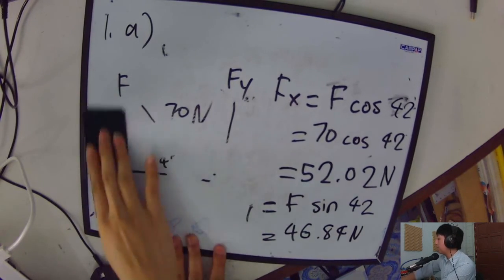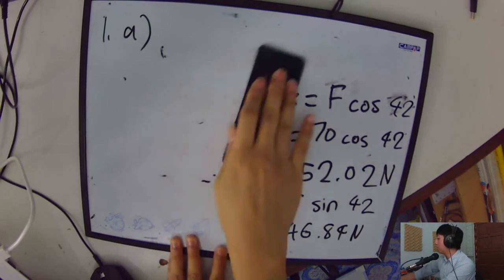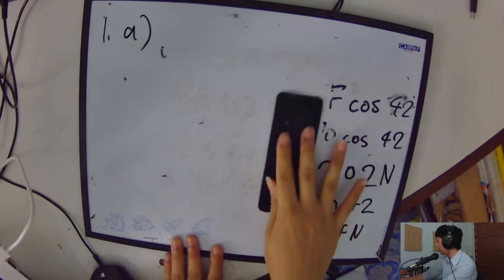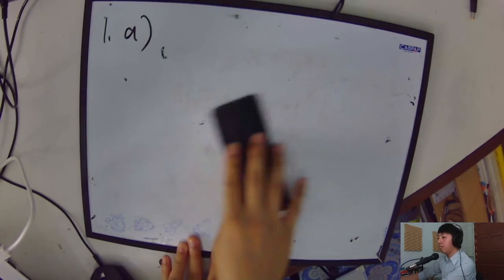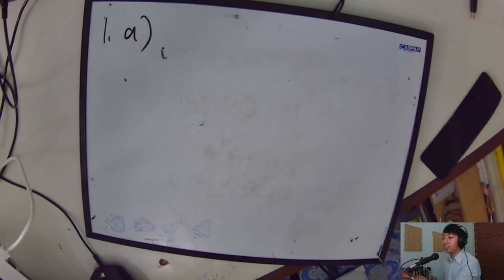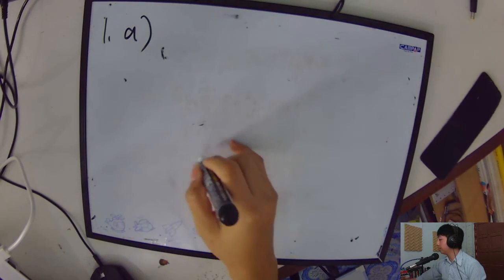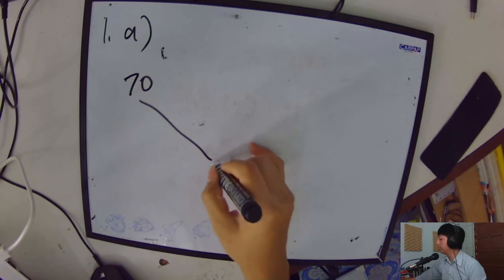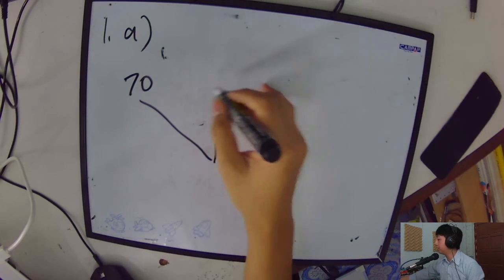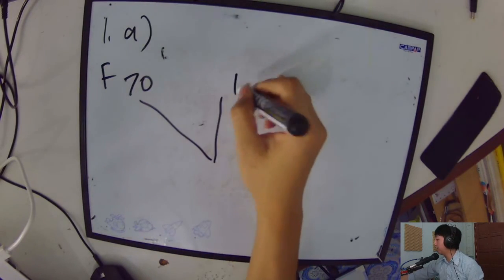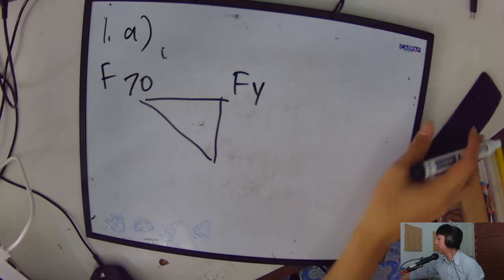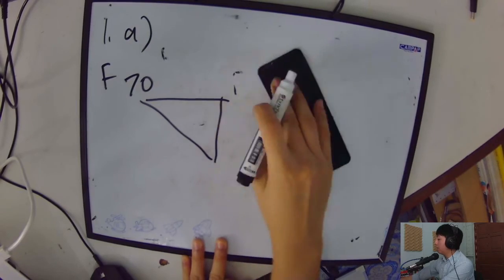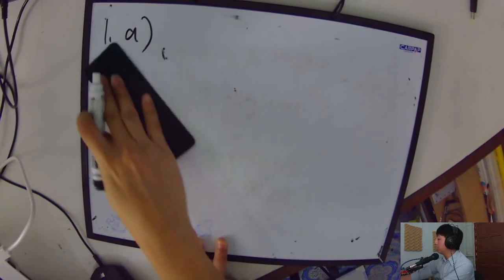So for some people, it might be easier to do it like what Henry does. So I'm not sure how exactly Henry does it, but if what I'm understanding what Henry is saying, he likes to make a triangle first. So basically, 70, this is F, Fy, and let me put it like this.